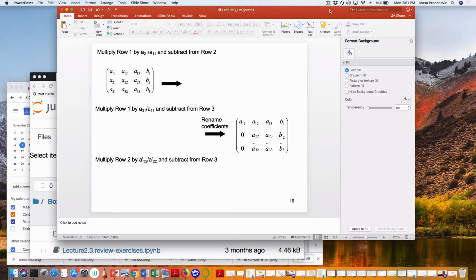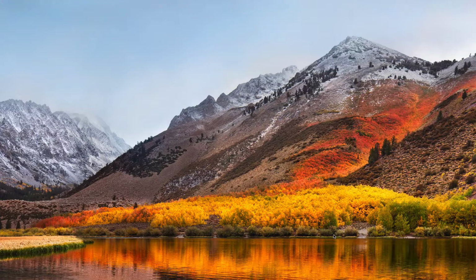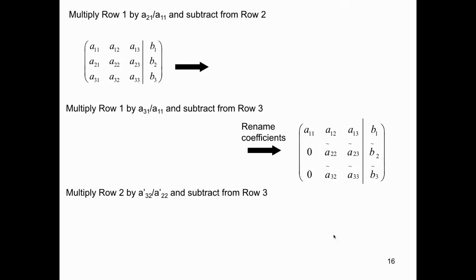So I asked you to actually do this on paper first. I don't know if you still have that piece of paper, but just this first action: multiply row 1 by A21 over A11 and subtract from row 2.